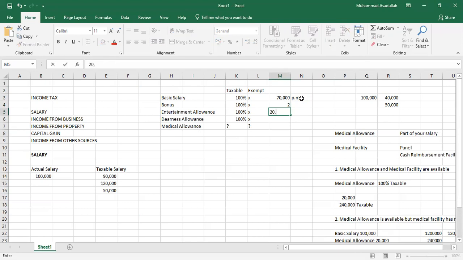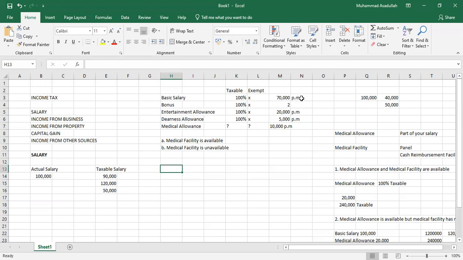Entertainment allowance is 20,000 rupees per month, dearness allowance is 5,000 rupees per month, and medical allowance is 10,000 rupees per month. Under case A, medical facility is available, and under case B, medical facility is unavailable. Now calculate under case A first.